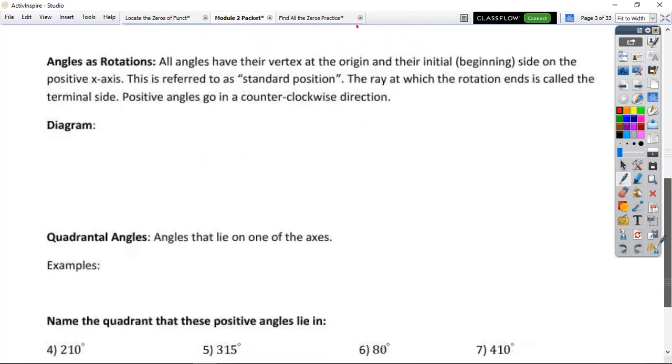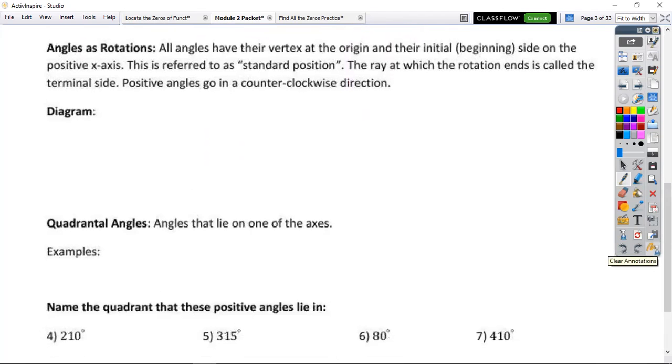All right, so your next review item here is how angles rotate and where they fall as far as quadrants go. So I'm going to sketch you a diagram with which is what we call your angles in standard position. And then label your quadrants here too. So first, when you label quadrants, you always want to use Roman numerals.